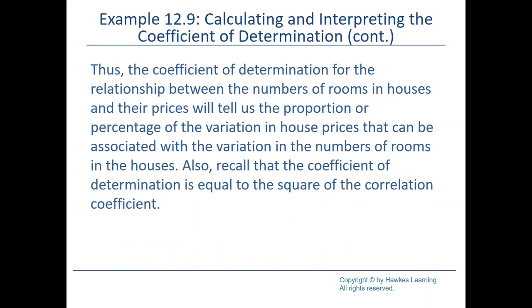The coefficient of determination for the relationship between the number of rooms in a house and their prices will tell us the proportion, or percentage, of variations in the housing prices that can be associated with the variations in the number of rooms in the houses. Again, it is called the coefficient of determination, and it's equal to the square of the correlation coefficient.